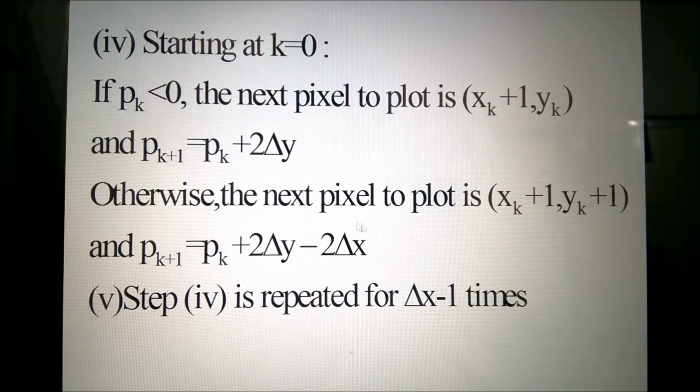Otherwise, the x coordinate will be incremented by 1, and the y coordinate will also be incremented by 1, and this step will be repeated delta x minus 1 times. And this is the summary of this algorithm.